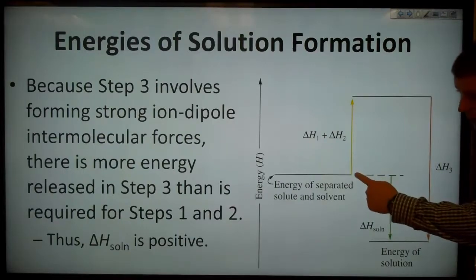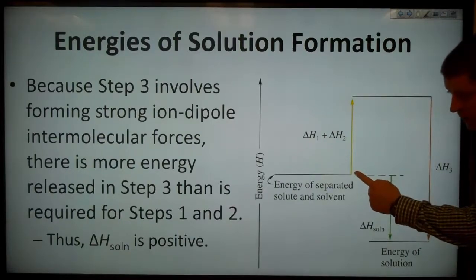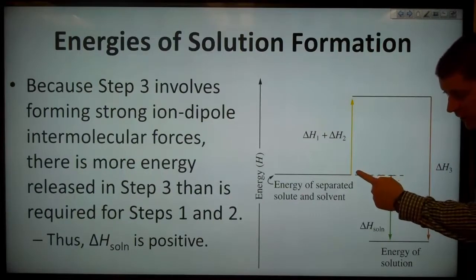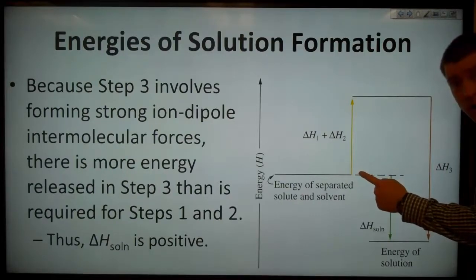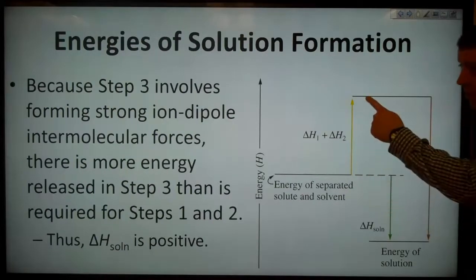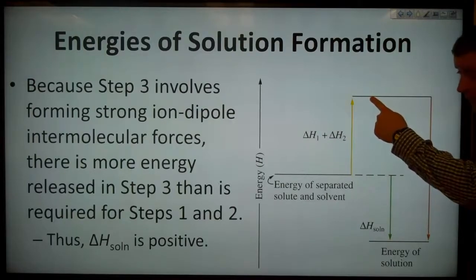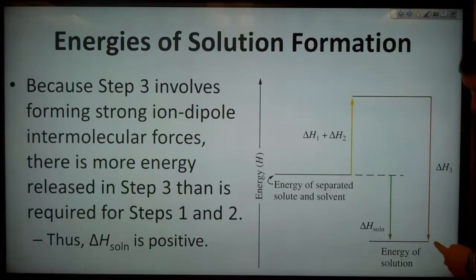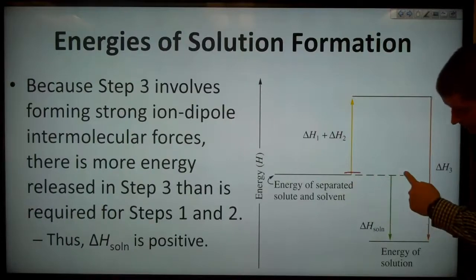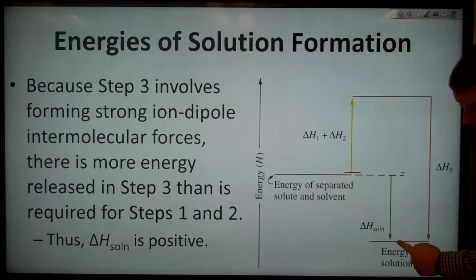Here's where we start out with our separated solute and solvent, pure solute, pure solvent. When we expand them, we go up to here, and then when we mix them, we go down to there. So overall, we're going from this energy level down to this energy level. Our enthalpy change will be negative because we're releasing energy.